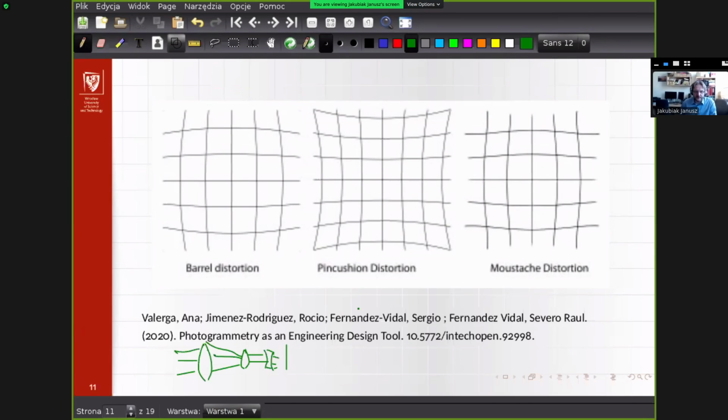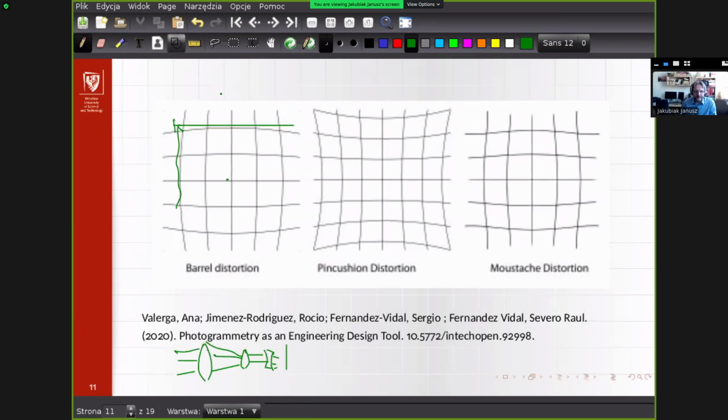And we get something that is called the distortions. These distortions will just spoil these nice formulas that we had before. Generally, we have these three types of distortions. The barrel distortion means that the elements that are farther from the center, instead of being where they should be, are a little bit closer.